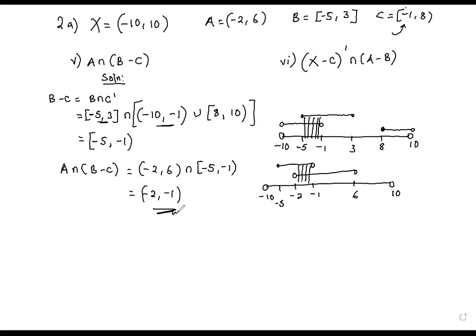So from there, I said I would also comment on part 6 so that I can demonstrate something. When we have the complement outside, we take it inside first. Before we take it inside, we need first to deal with the minus. So we change it to X intersection C complement and then complement, intersection A, intersection B complement.